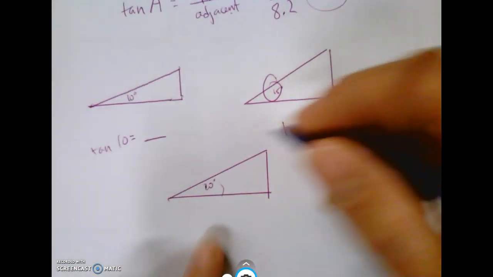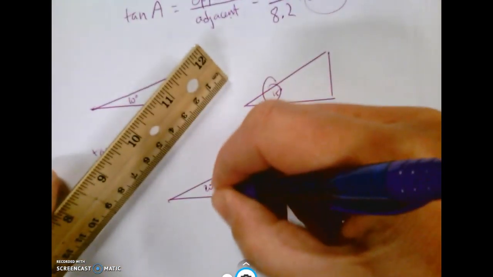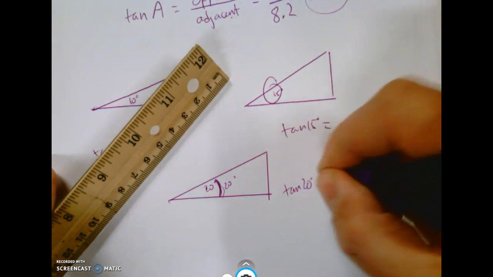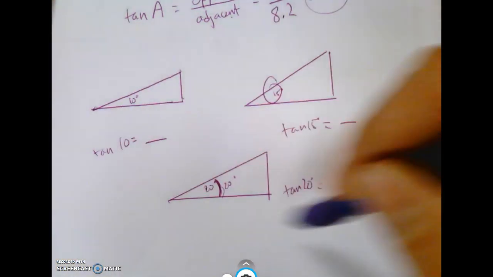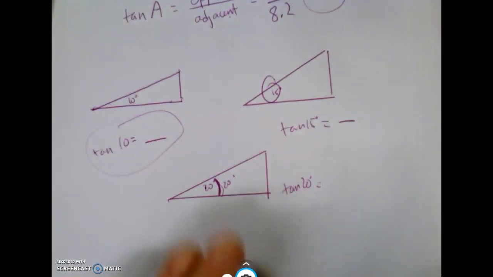Then they cranked up to 20 degrees. I quickly drew these, but if you drew them very accurately with a protractor, you would have a very accurate measure for 20 degrees. You'll see this a lot in calculus. The calculator knows this to a lot of degrees of accuracy, and that's how this is very useful for us.